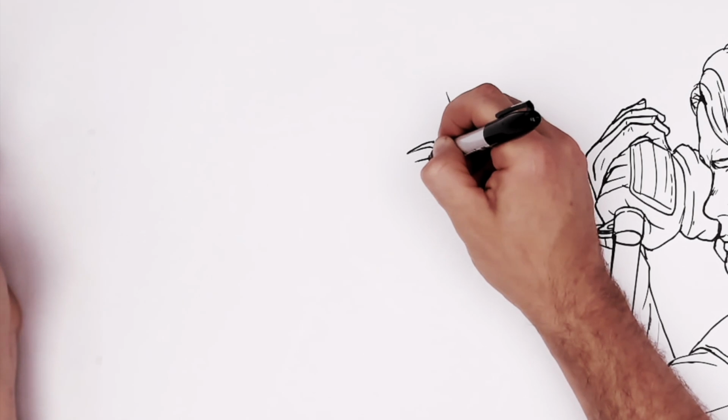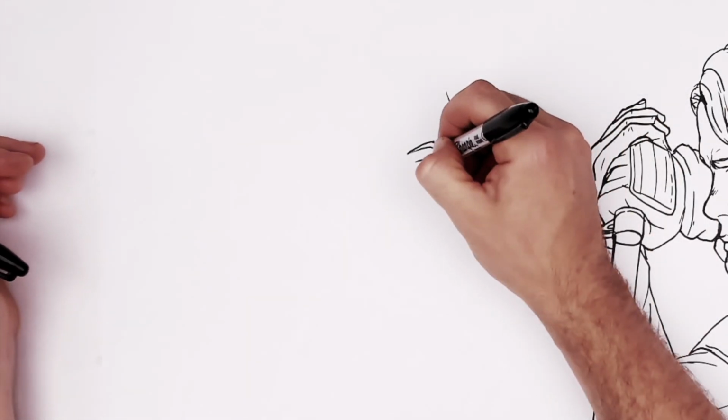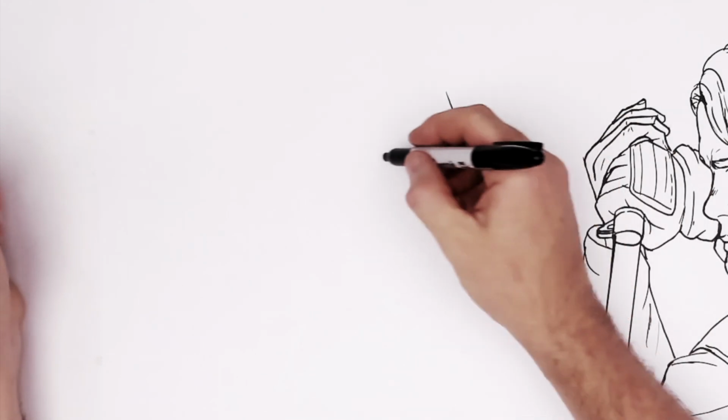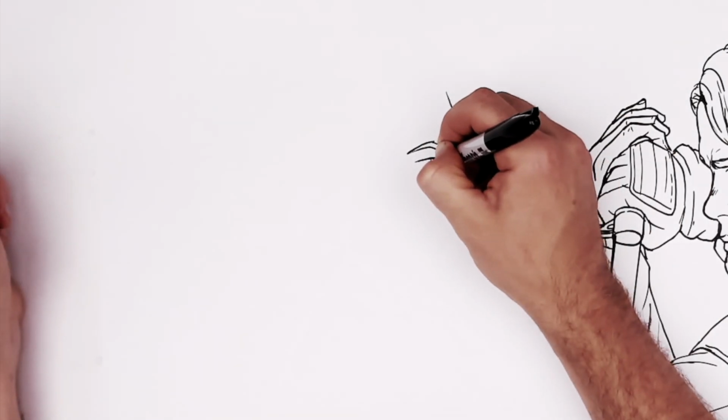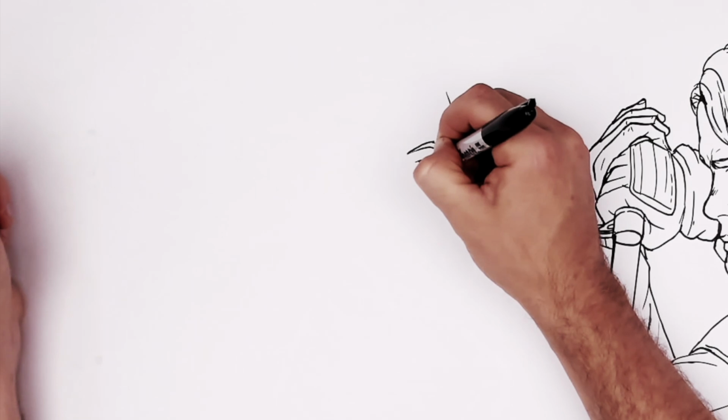And we'll go thin. We'll put the pupil just there again. And then again, eyelashes sticking out here on the bottom. And then his eyelid comes back.